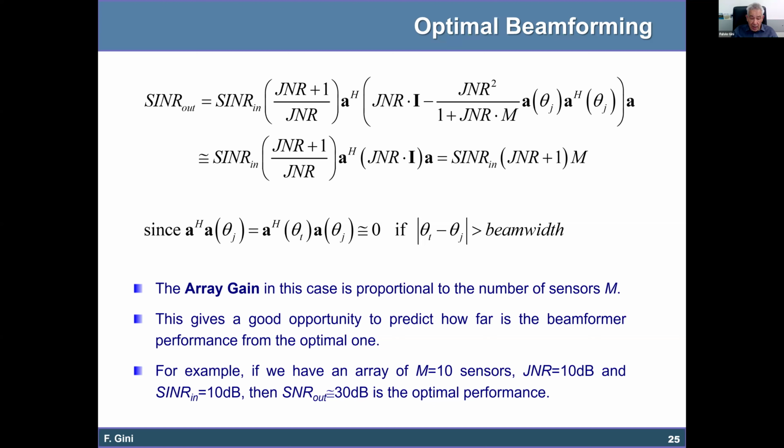So nothing comes for free. But it's important that you know that if you are willing to pay, you can theoretically increase the signal to noise ratio as much as you want by increasing the size of the array, by increasing the number of elements of the array.